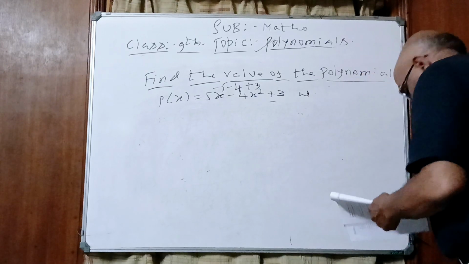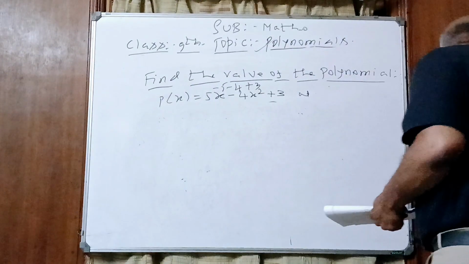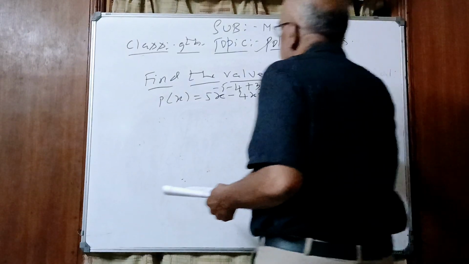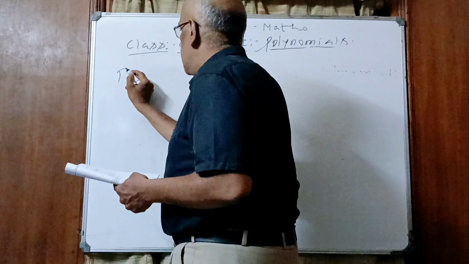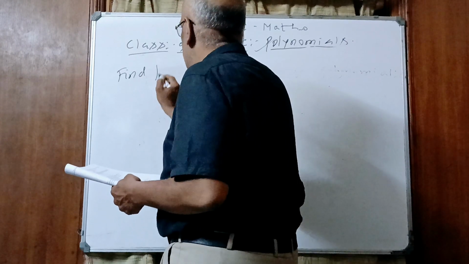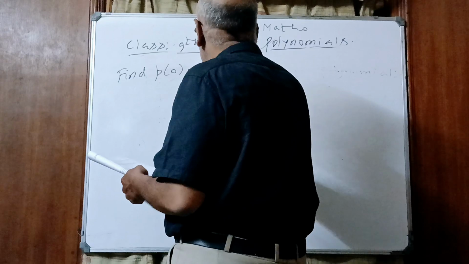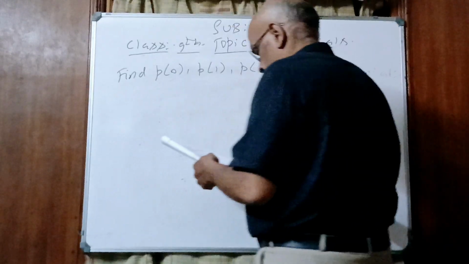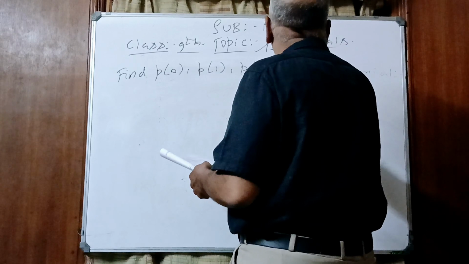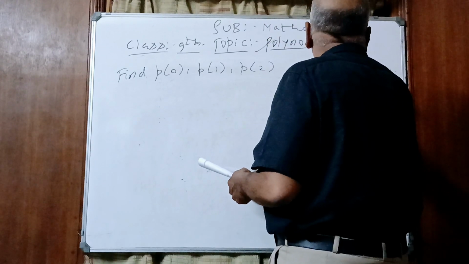So, we'll go to the next question, children. What is the next question? Find p of 0, p of 1, p of 2 for the following polynomial.